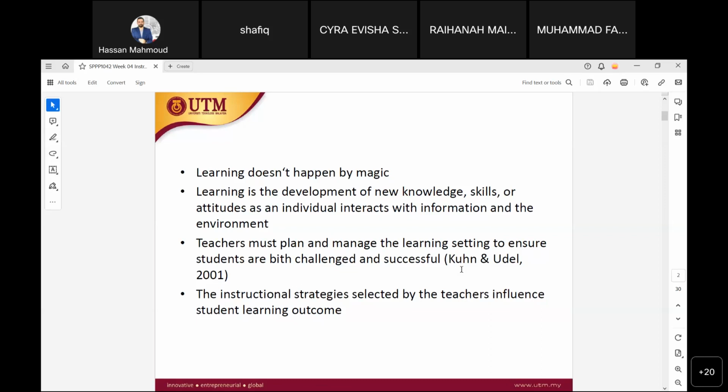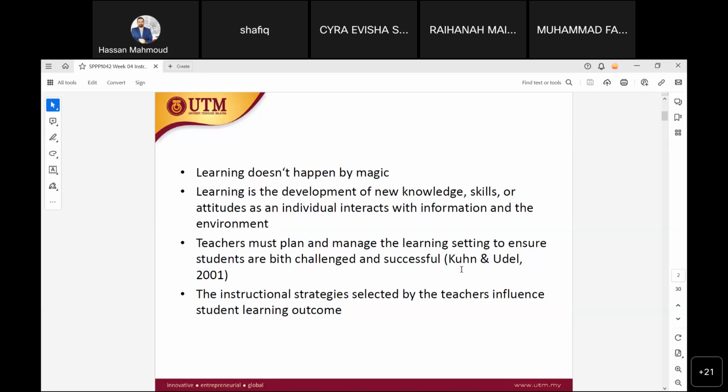The teaching ability among any one of us is linked to how much skill and knowledge that person has to teach people, right? So teachers must plan and manage learning settings.